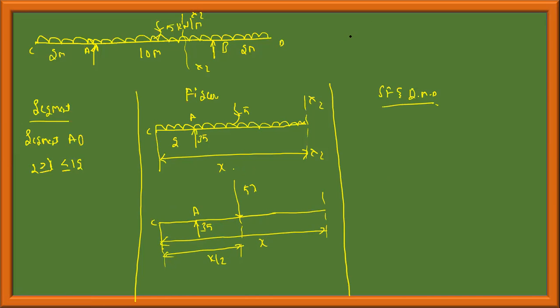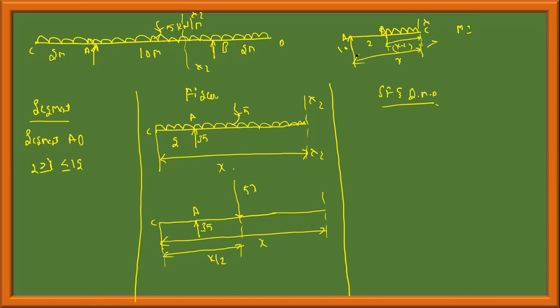In the previous class, we discussed a problem like this. This is point A. There's a UDL, and this is point B. There is a UDL like this, and I'm passing the section like this, x. This is say 10, so this is 2. This is A, B, C. If I want to take the moment about x, M is equal to, then what I did, if this distance is entirely x, I subtracted x minus 2.